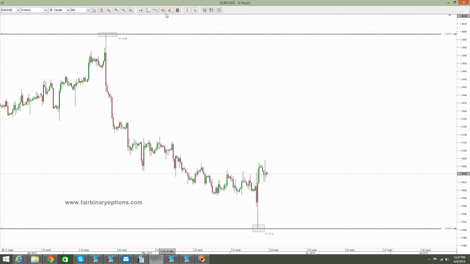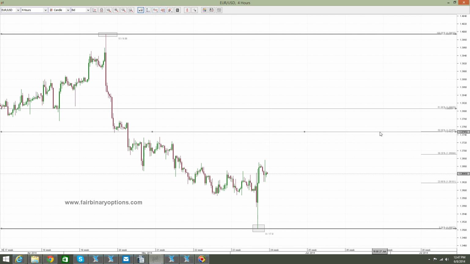That being the case, I would like first of all to take a Fibonacci retracement from these highs to these lows, and to look at the levels there. Let's mark the 61.8, then the 50% retracement, and the 38.2.